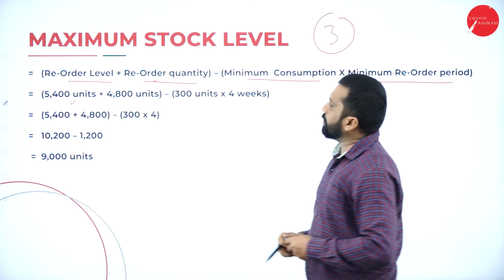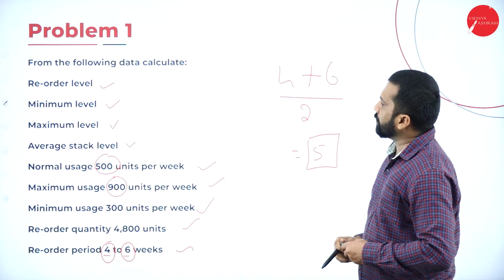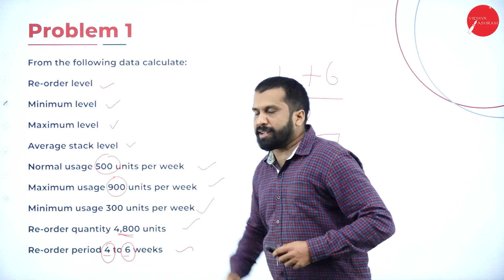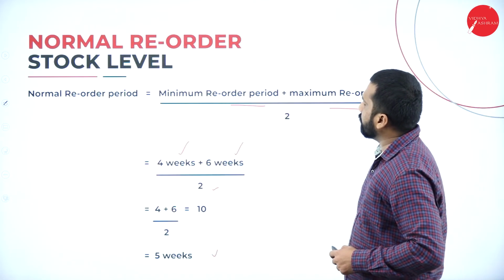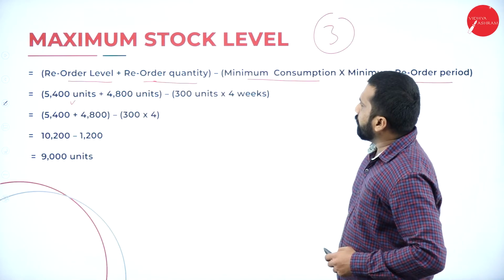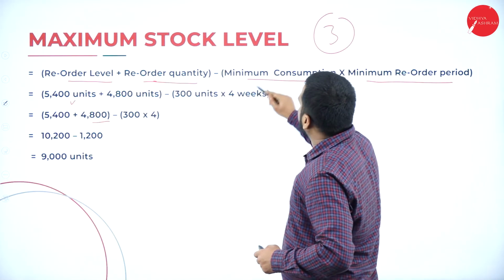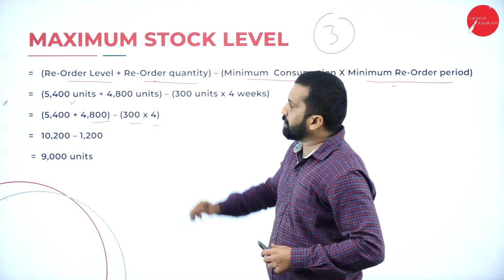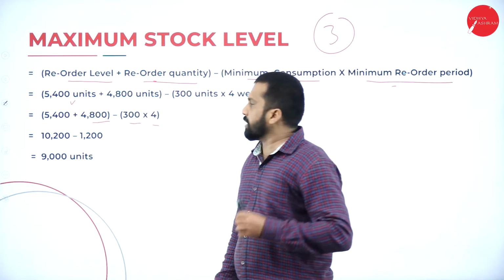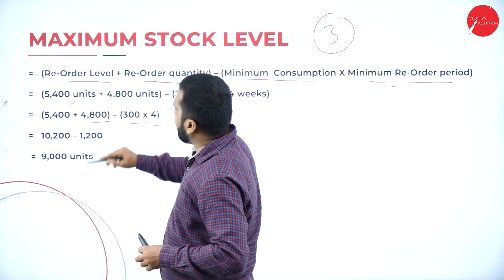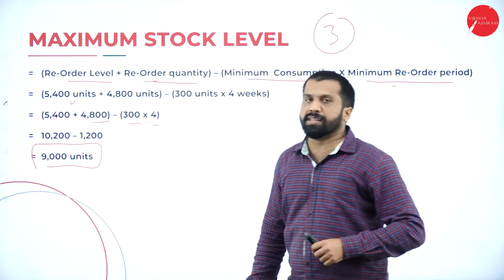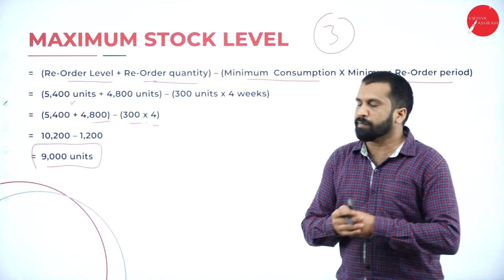Reorder quantity, I'll go back to the question, 4800. Minimum consumption 300. Minimum reorder period 4. Everything is given in the question itself. Multiply and add, you will get this answer. Your final answer is 9000 units. Hope you are clear. Good.